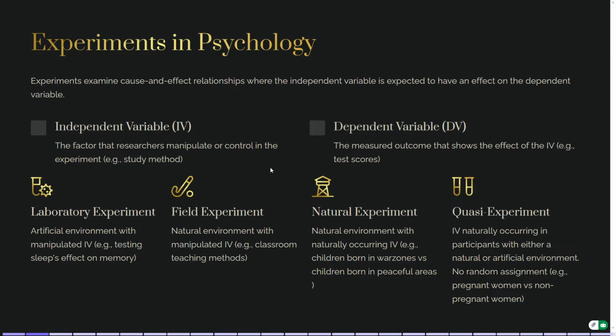Moving forward, what is a laboratory experiment? A laboratory experiment is an experiment. Two things that you should keep in mind: it is done in an artificial environment. Artificial environment can also be called a controlled environment, that is an environment that is not natural, not where the people normally go to.